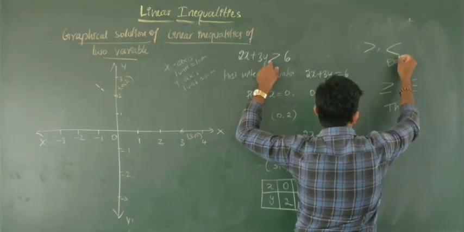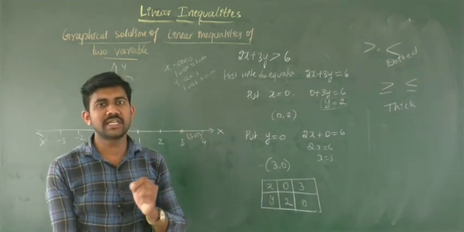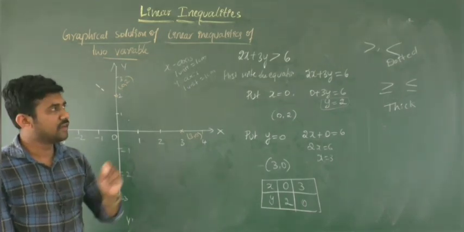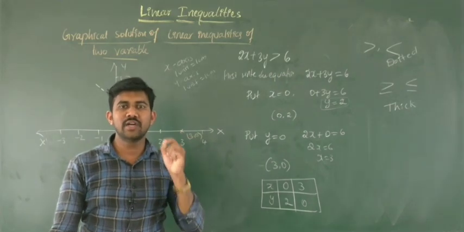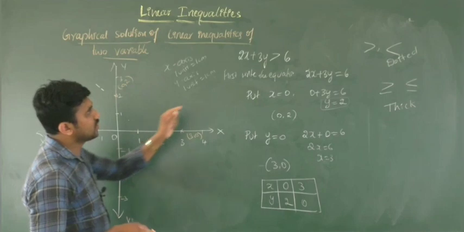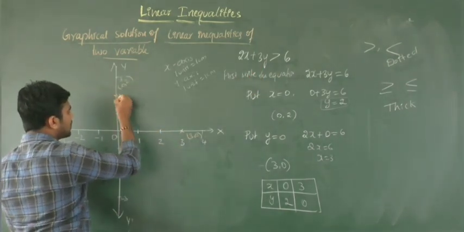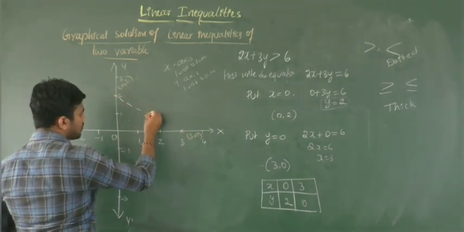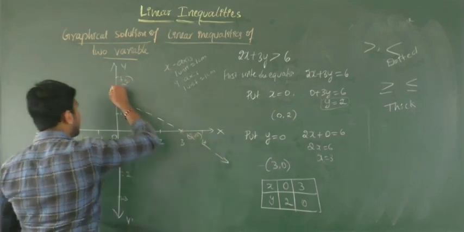Since here you have a strict inequality, join the points using a dotted line, or a broken line, we can also say.